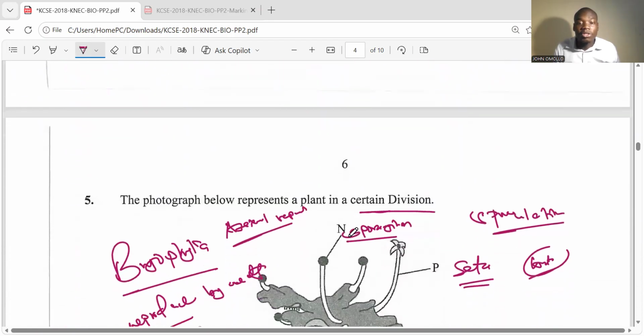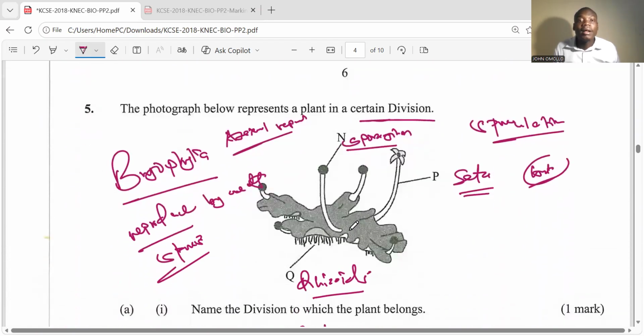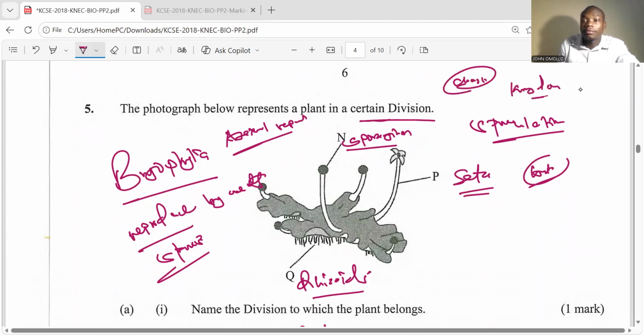Again, the next question is on the topic referred to as classification 2. So there is classification of plants. We have kingdom plantae.